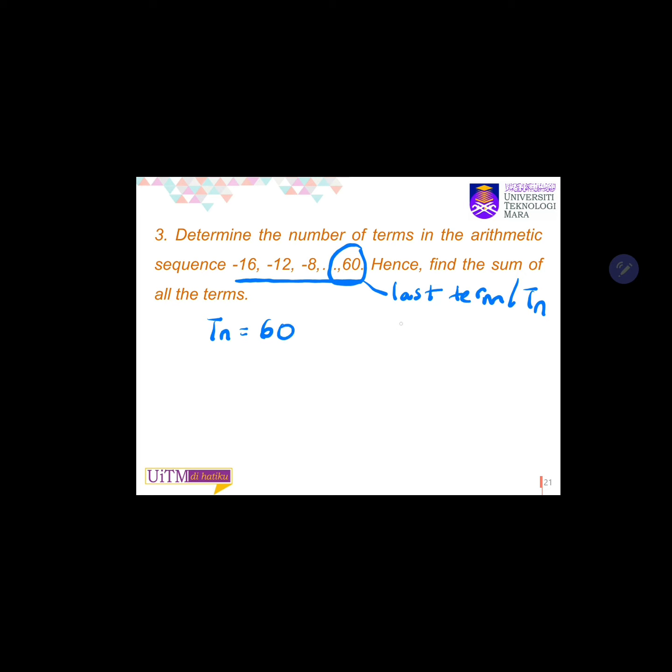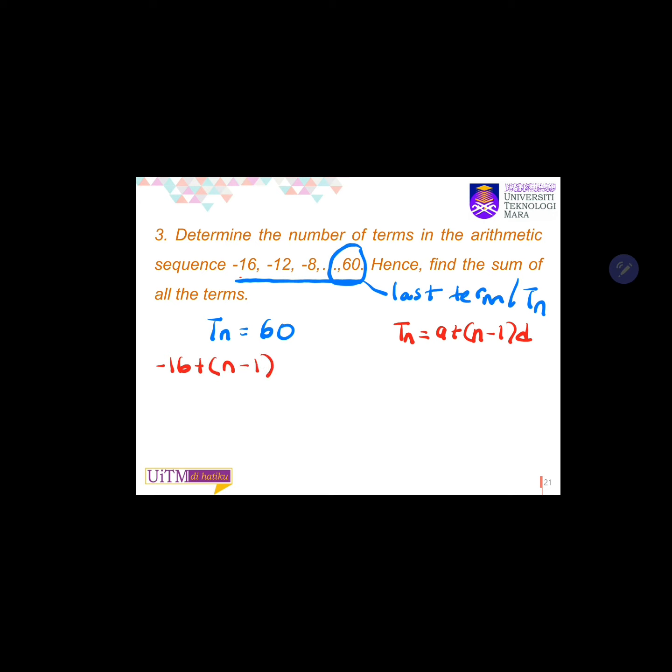So we know that our formula for Tn is A plus n minus 1D. Okay, so you substitute this formula into this. So we have our A is negative 16 plus n minus 1 D. So what is D?